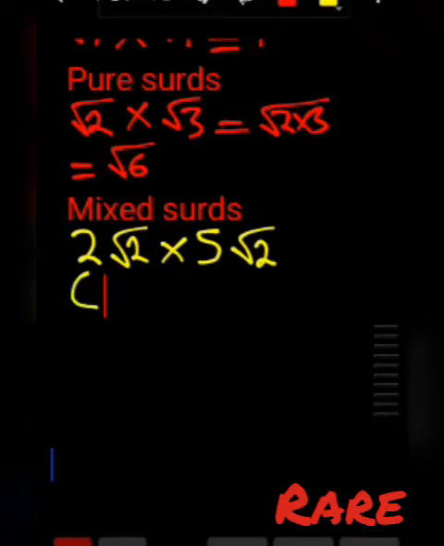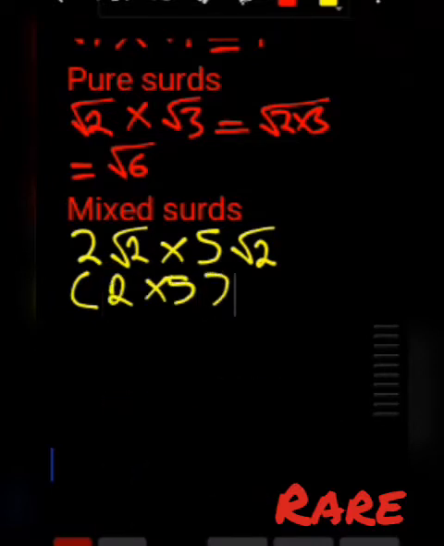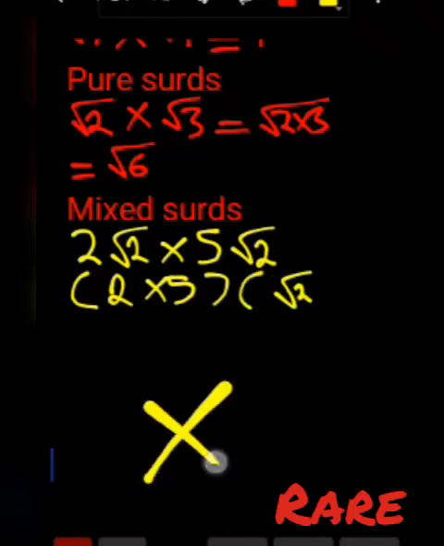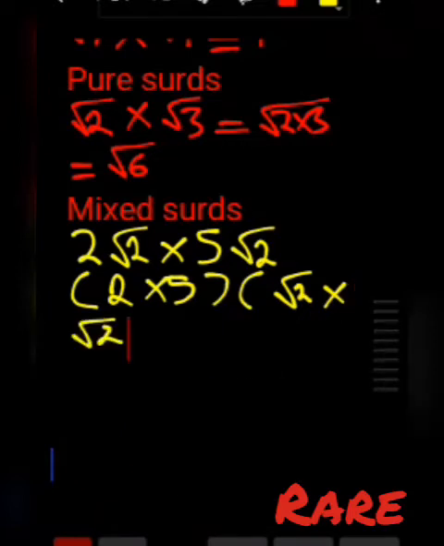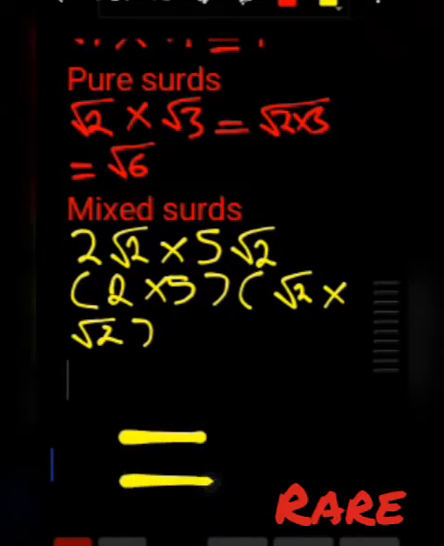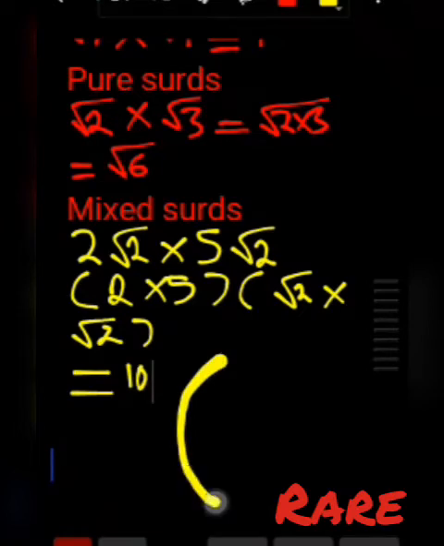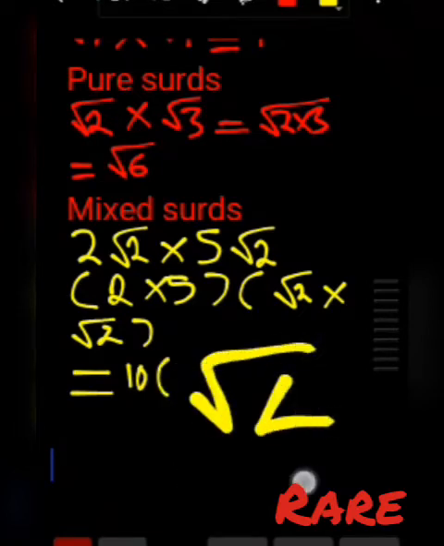When you're asked to multiply something like this, just open the brackets, multiply the coefficients of the surds, which is 2 times 5. Close the brackets, again open, multiply the surds. Here the answer would be 10 times the root of 4.